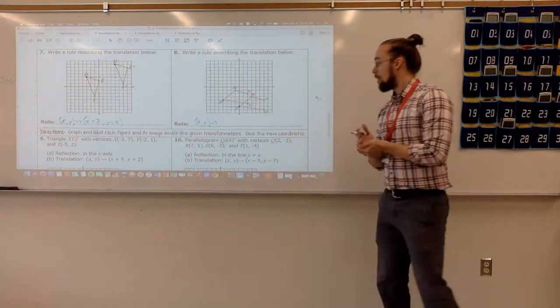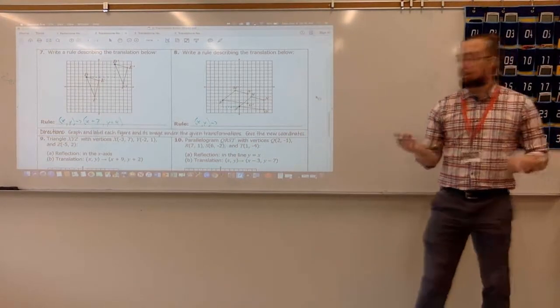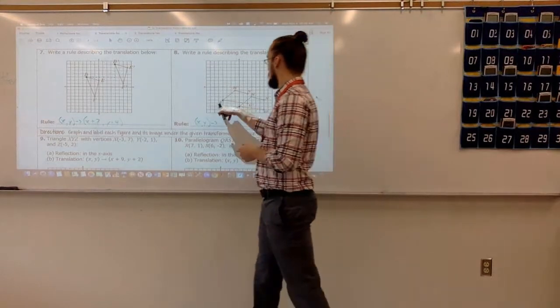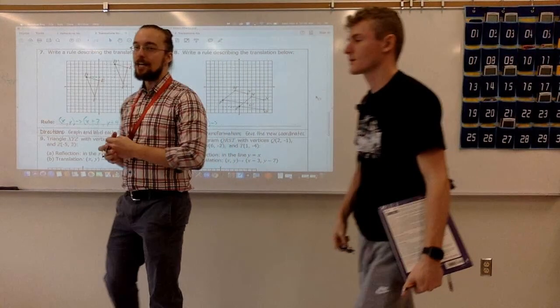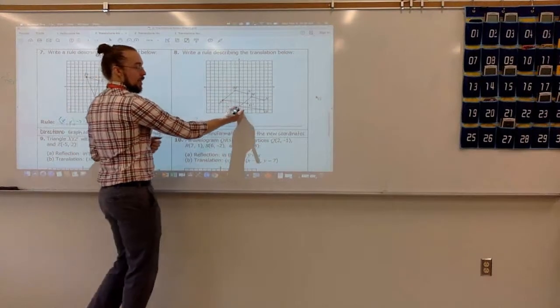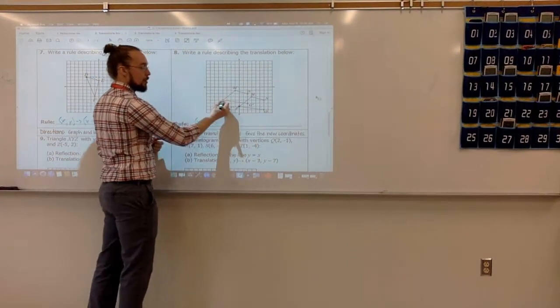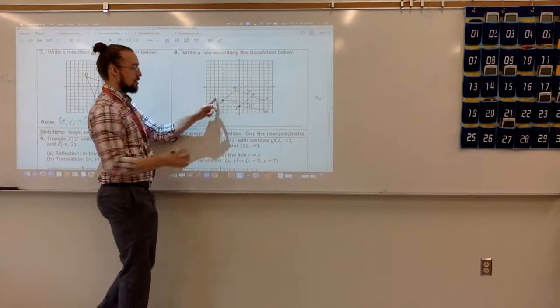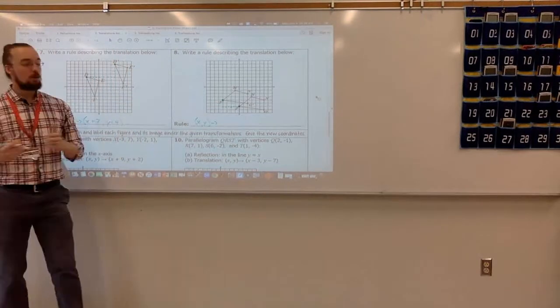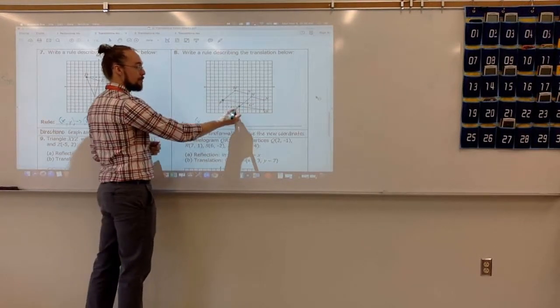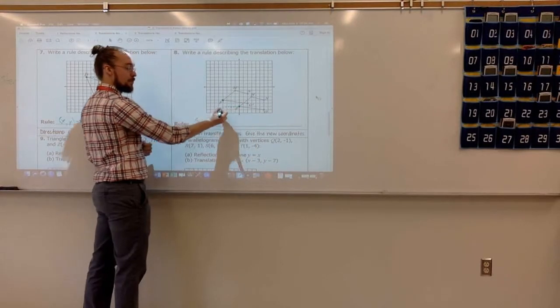Yeah. So, if we pick out a pair of corresponding points, okay, I picked P and P prime. This is my original point, and this is my transformed point, right? So to get from P to P prime, I'm going left 4.